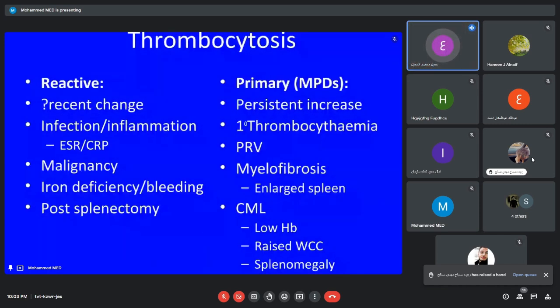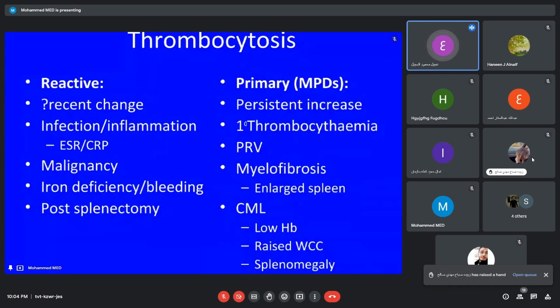In malignancy, you find it high. Remember, I did say that in iron deficiency and with bleeding, the platelet count will go high. And actually, if you remember the second slide I showed, the platelet count was, if I remember well, 800 plus. And I did say that this is suggestive of iron deficiency or bleeding.